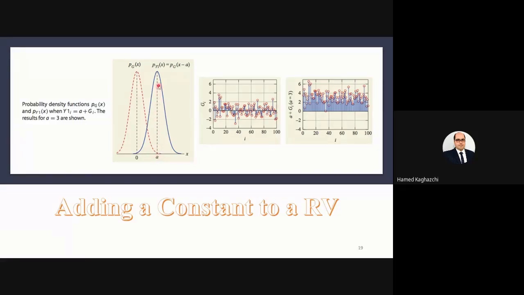It means that my average value changed from 0 to A. As you see here, my random variables changed from this one to this one. If I add A and A is positive, all of the random variables move upward into the positive section of my coordinates. But as you see here, the variance and standard deviation are not changed, they are constant.